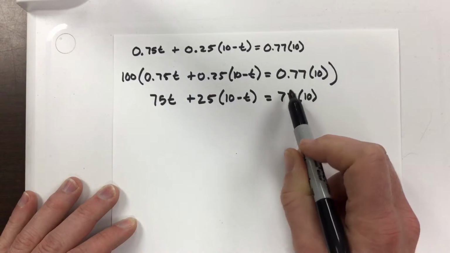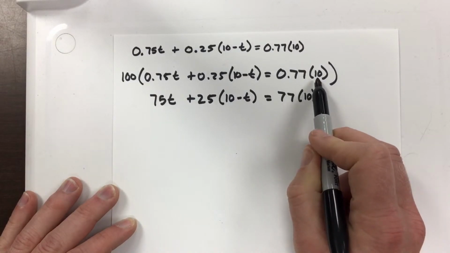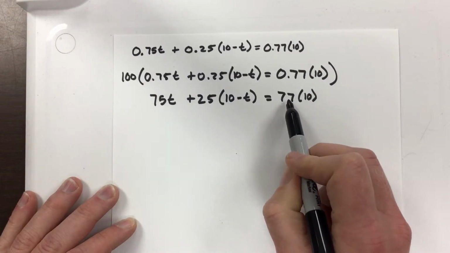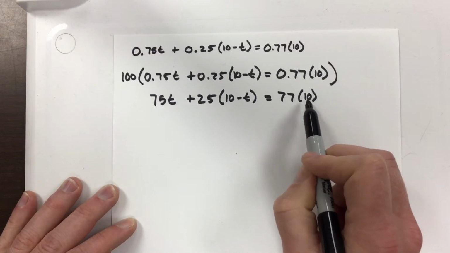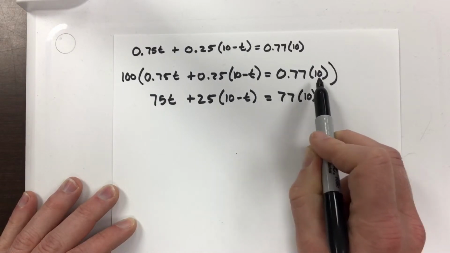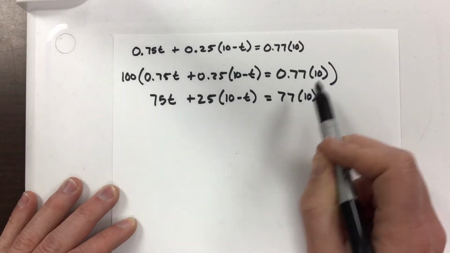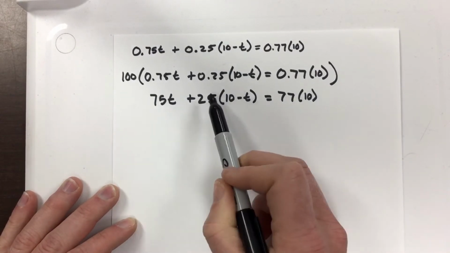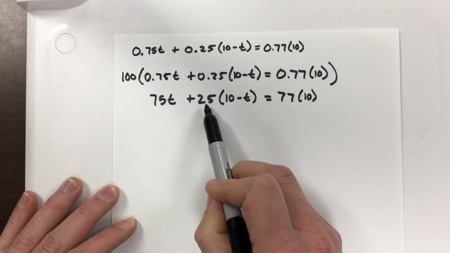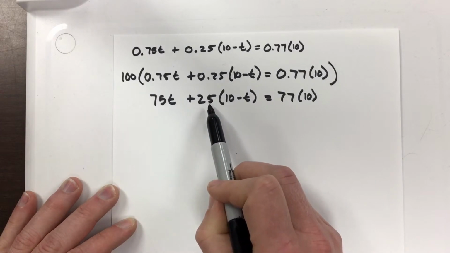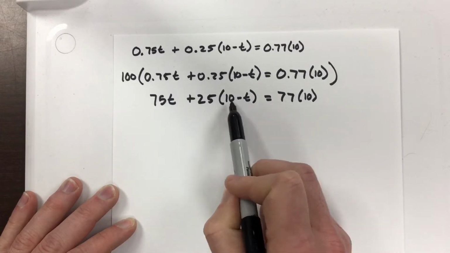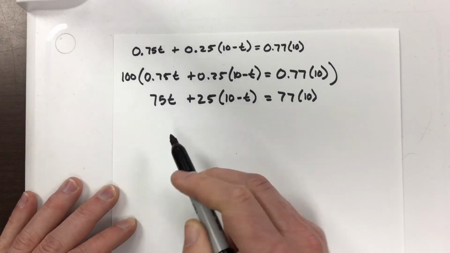And that's the same thing over here, the 0.77 times the 10, because 77 is 100 times larger. I'm going to get a number when I multiply by 10 that is 100 times larger than what 0.77 would have given here. So really what I'm saying is by multiplying the front number by 100, you're essentially multiplying the inside two terms by 100 once you distribute.